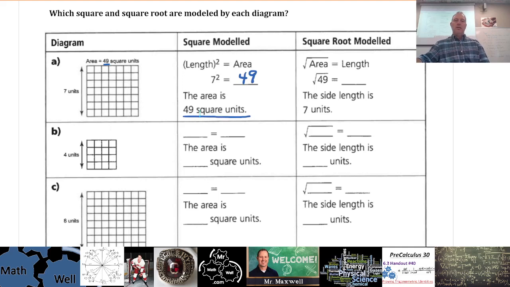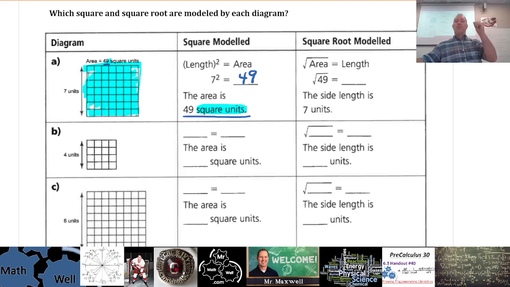Now this is going to be important too as we understand the square units. If it's a perfect square number and you're referring to an area, the units are not just like centimeters or meters, but you have to have square units. You might remember this from grade 8, but the area of something would be units, length units squared.